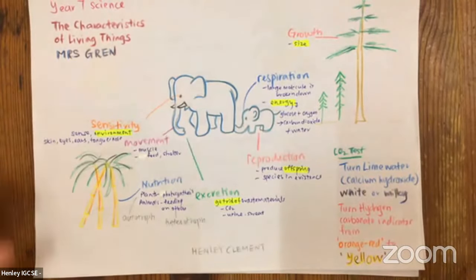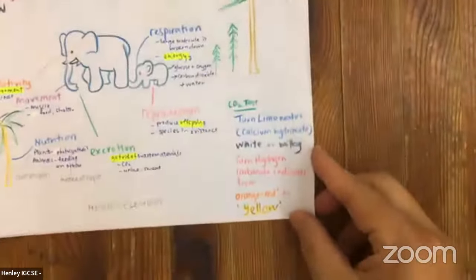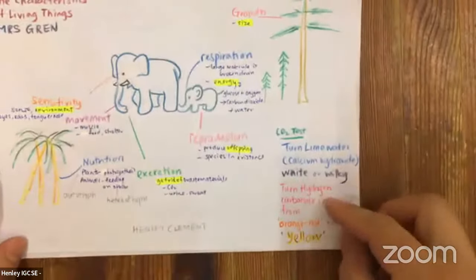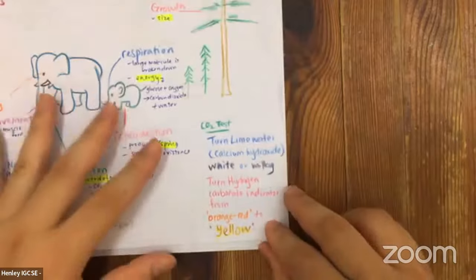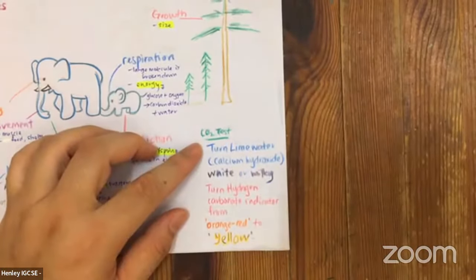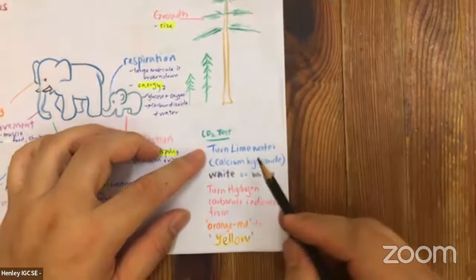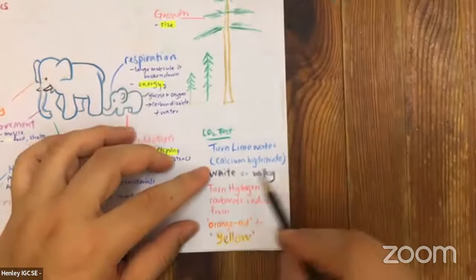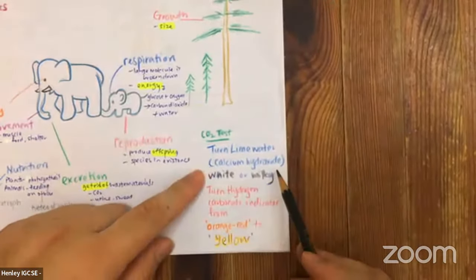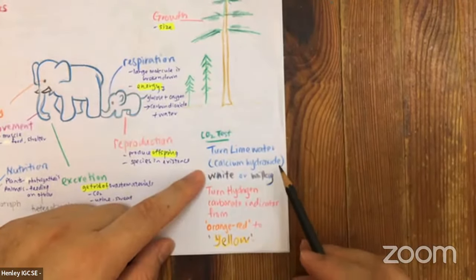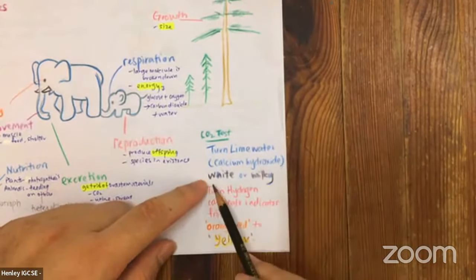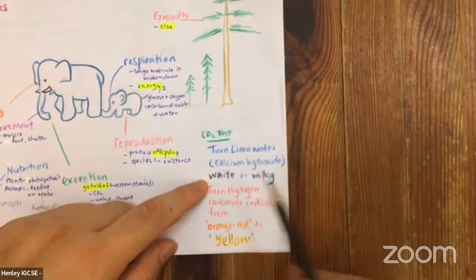Okay, we have the test for you, which is this one. I hope that you can see clearly. For the CO2 test, if we pass it through the lime water, which is calcium hydroxide, initially clear, it will turn white, or milky white.